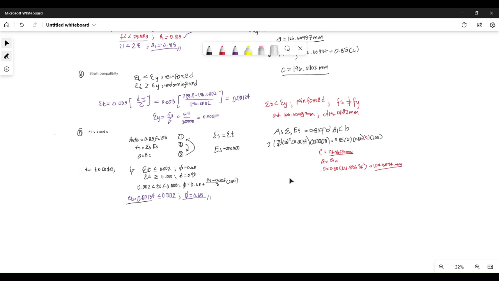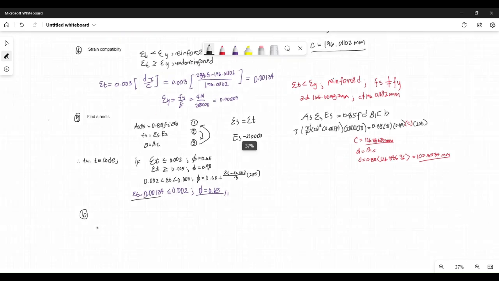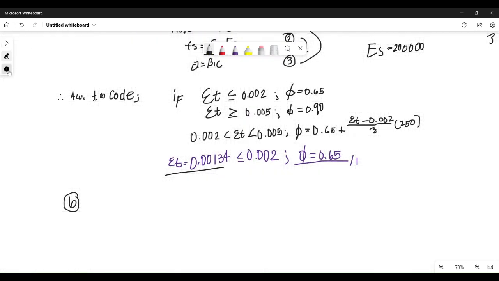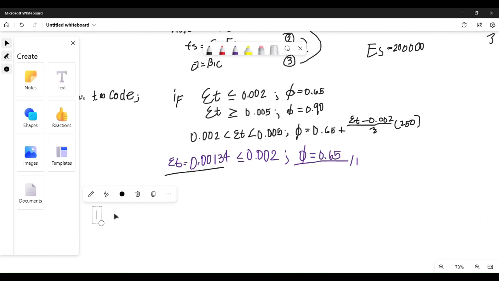AS Fy times D minus A over 2. So we have to compute number 6. Okay, the computation is long. Number 6, compute the nominal moment capacity, or let's say this is Mn.